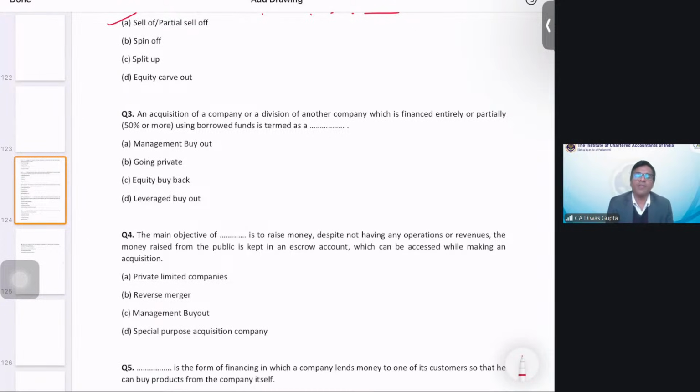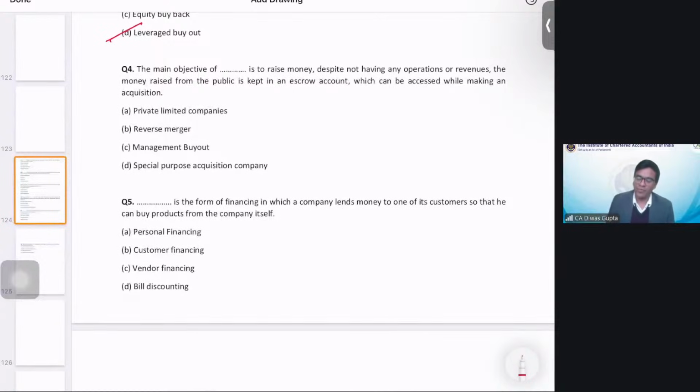So if we purchase a company and the financing of that purchase is coming from borrowing, then we call it, yes, you're right, Lavanya. Saminathan, you're also right. The right answer is leveraged buyout. Because you are borrowing first and then buying out.